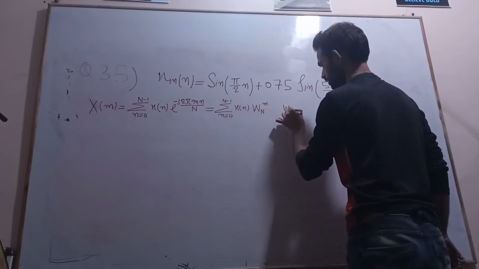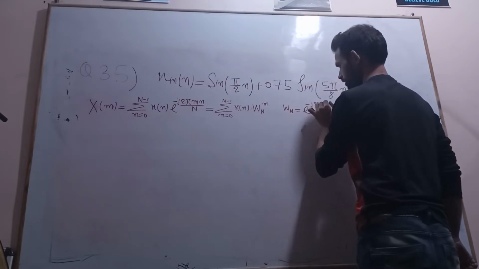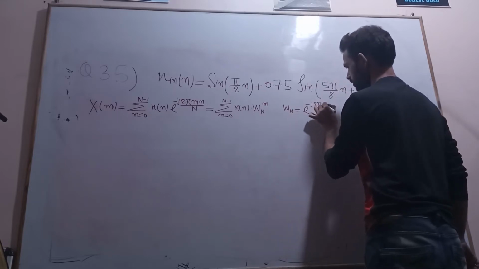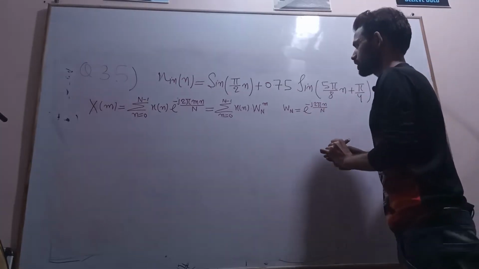W N is nothing but e to the power minus j2 pi divided by capital N. This is the twiddle factor.